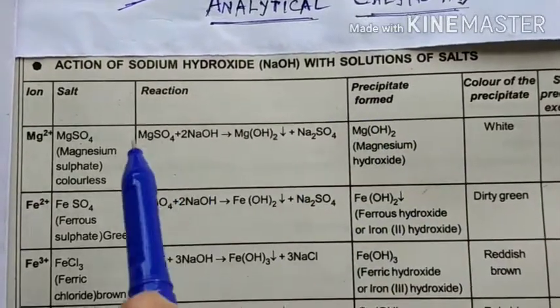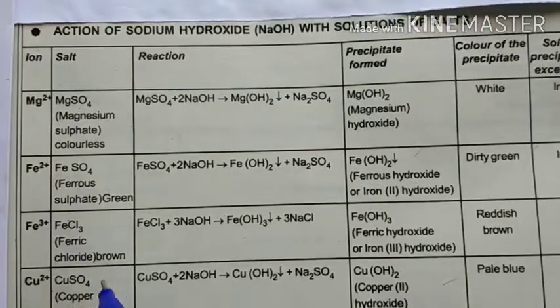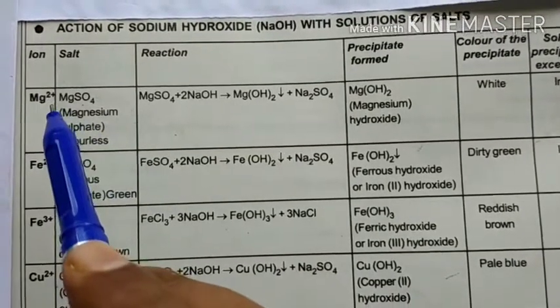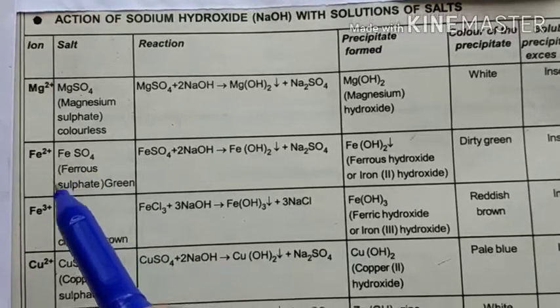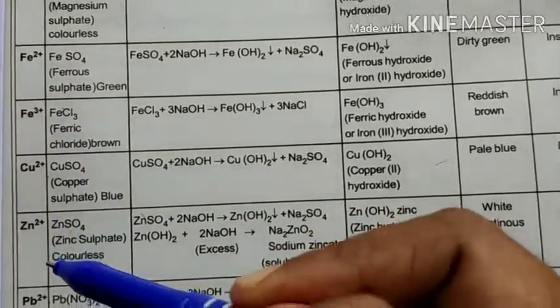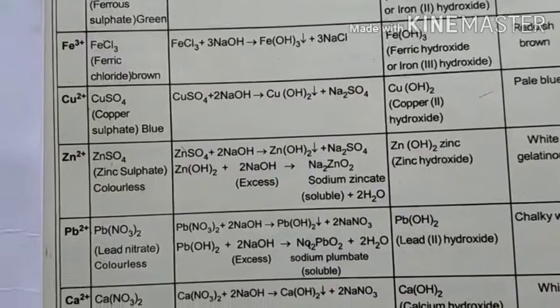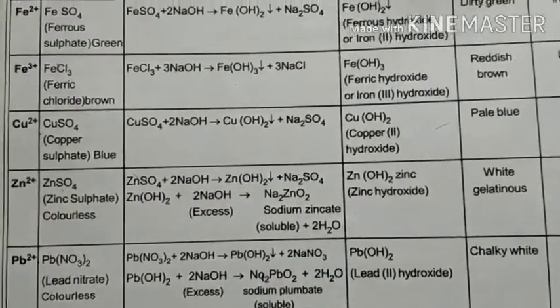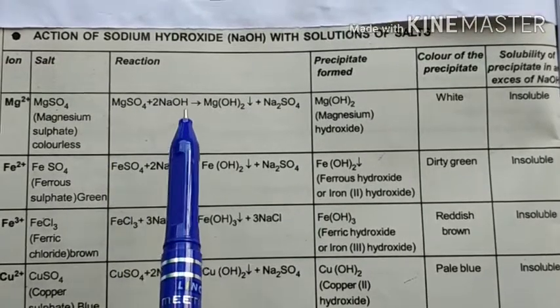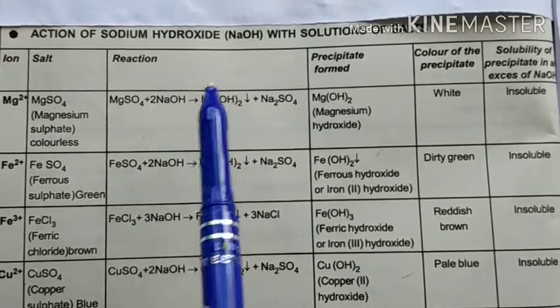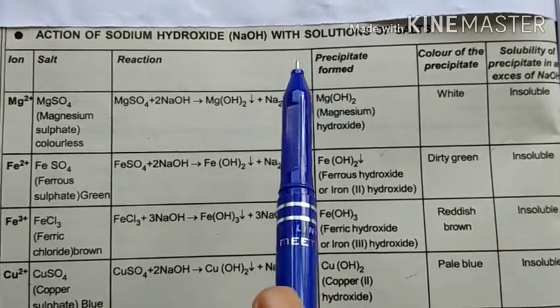You can see the different types of salts given here: magnesium salt, magnesium sulfate, ferrous sulfate, ferrous salt, ferric salt, copper salt, zinc salt, lead salt and calcium salts. First is the reaction of addition of NaOH to these salts.